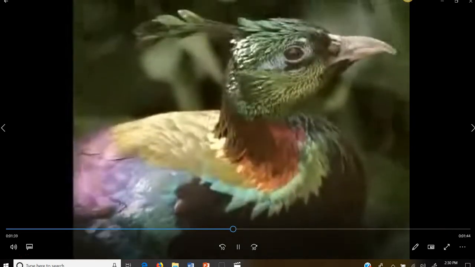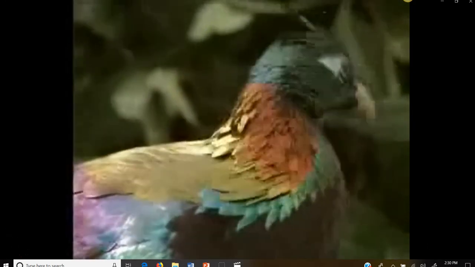The male monal pheasant impresses his female with a greater expanse of unbroken iridescence than is possessed by any other species.